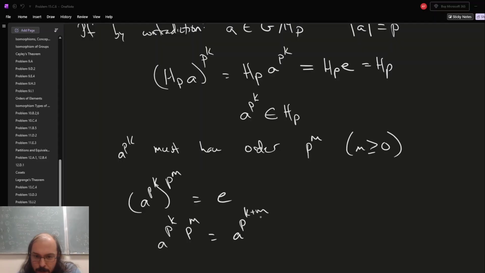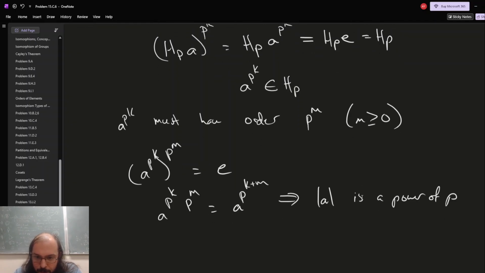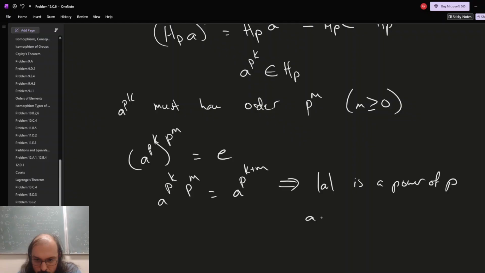And so because a to the power of a p power is the identity, and the order of a in G has to divide this p to the k plus m, we see that the order of a is a power of p. And therefore, this a lives in H_P. So therefore, last step, the coset H_P a equals H_P. And so essentially we're done.